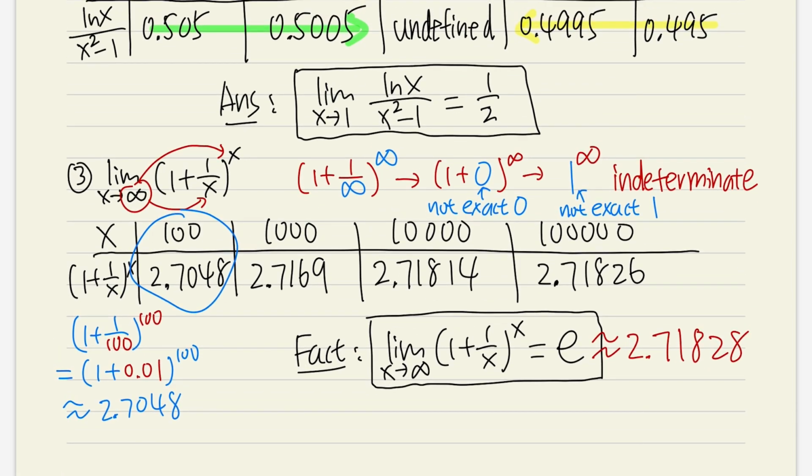The classic example, when we have 1 to the infinity's power, this limit actually turns out to be e, which is approximately 2.718 something. So remember, this one here is not exactly equal to 1 when we're dealing with limits.